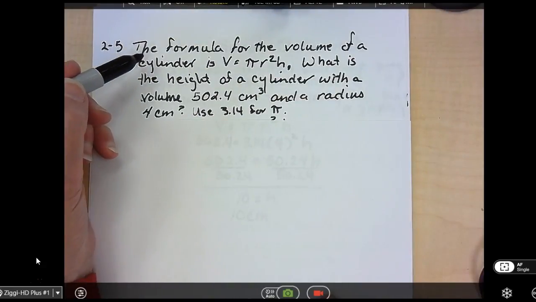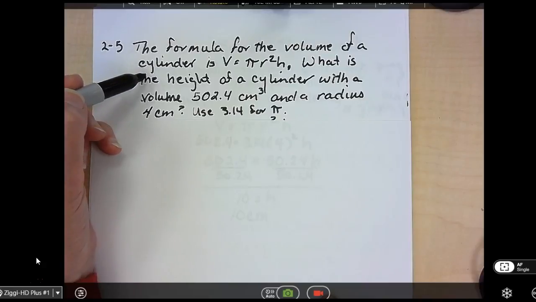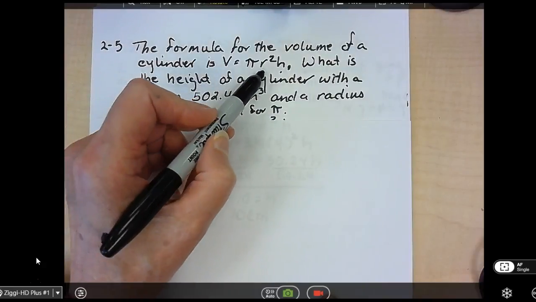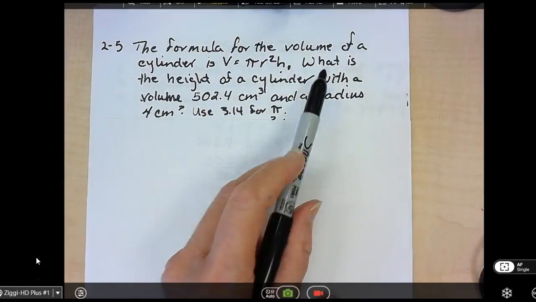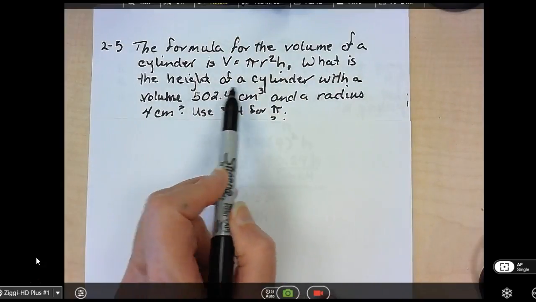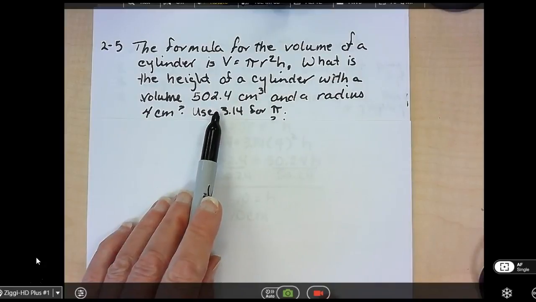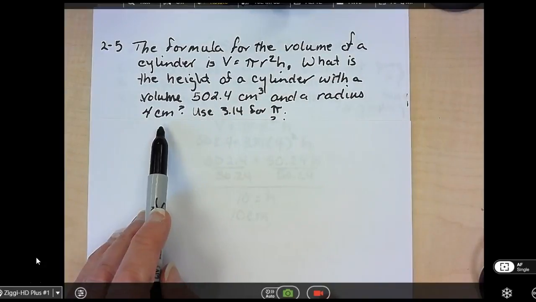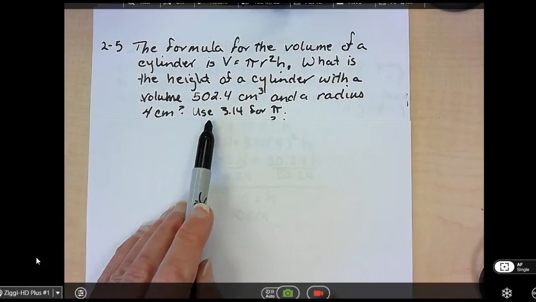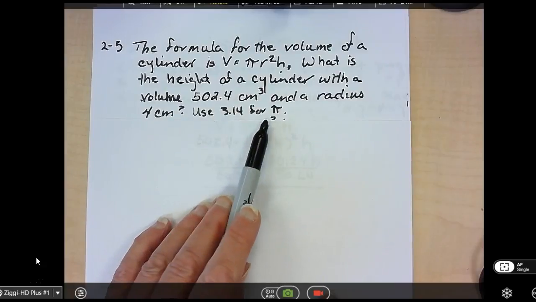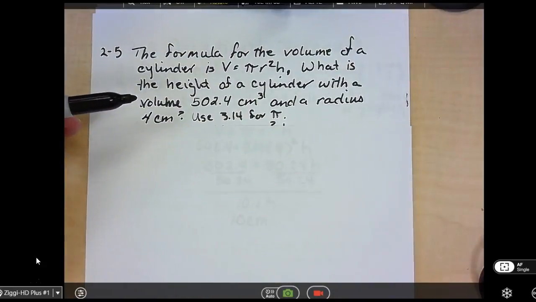So the formula for the volume of a cylinder is V equals pi radius squared times height. What is the height of a cylinder with a volume 502.4 centimeters cubed and a radius of 4 centimeters? Use 3.14 for pi. So we write down our equation.